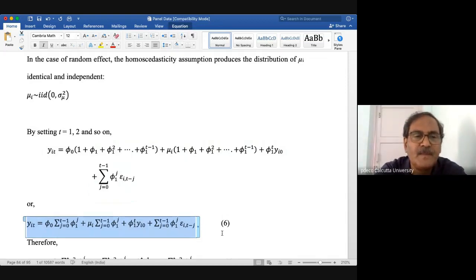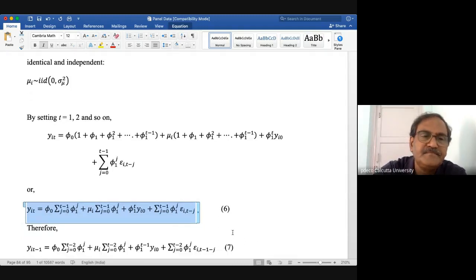YIT is equal to phi naught into sum of phi 1 to the power j, j varies from 0 to t minus 1, plus mu I into sum of phi 1 to the power j, j is equal to 0 to t minus 1, plus phi 1 to the power t yi naught, plus sum of phi 1 to the power j epsilon I t minus j, j varies from 0 to t minus 1. So this is for YIT.